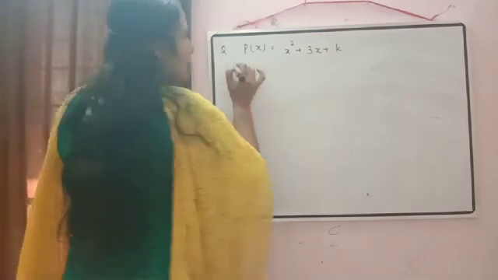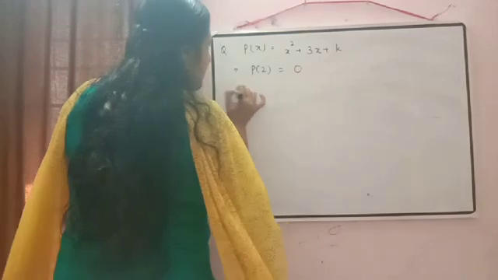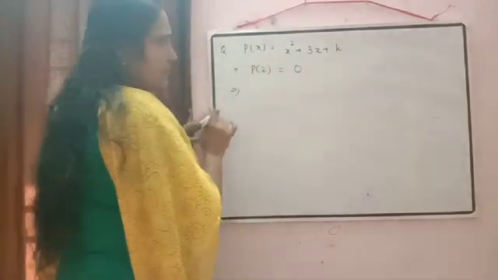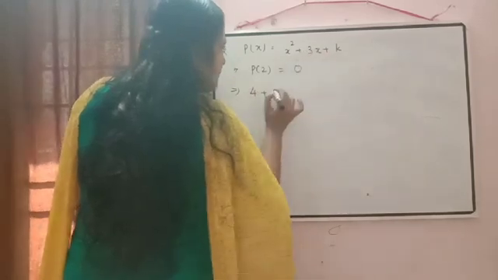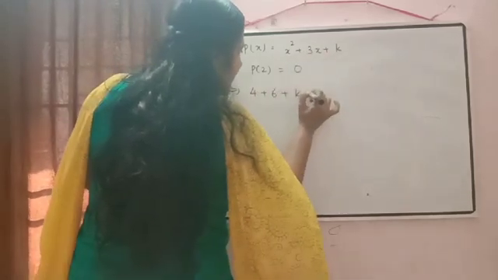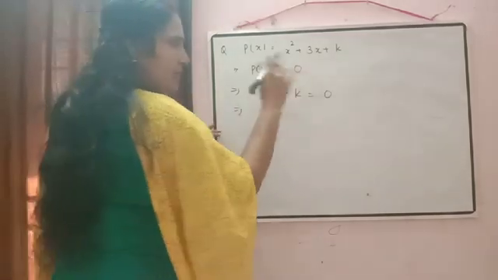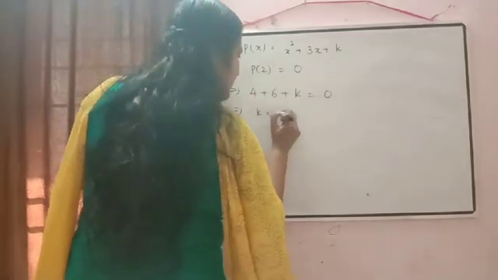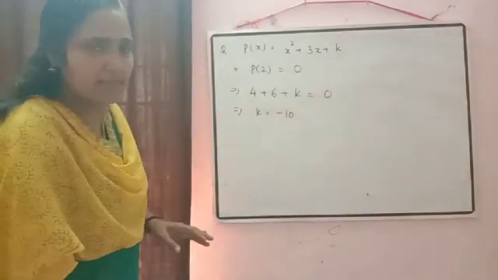So just to write down, we know p of 2 is equal to 0. Now in place of x, substitute 2. Then what will come? 2 square is 4 plus 3 into 2 is 6 plus k is equal to 0. So 4 plus 6 is 10. When we shift 10 there, it will be equal to minus 10. So k is equal to minus 10.